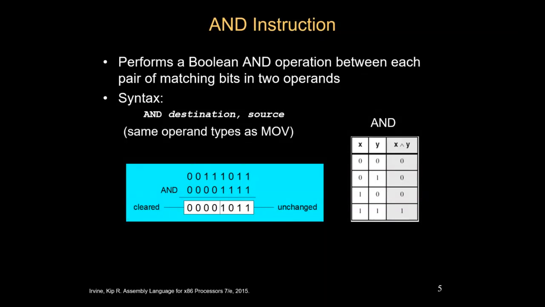You can say it performs a Boolean or bitwise AND operation between each pair of matching bits in two operands and places the result in the destination operand.